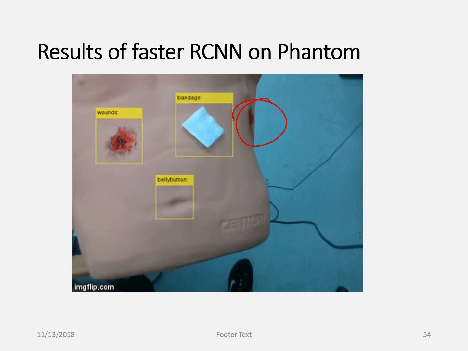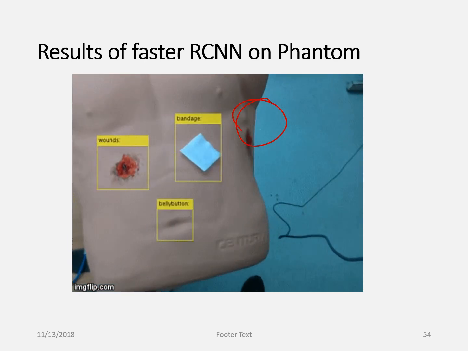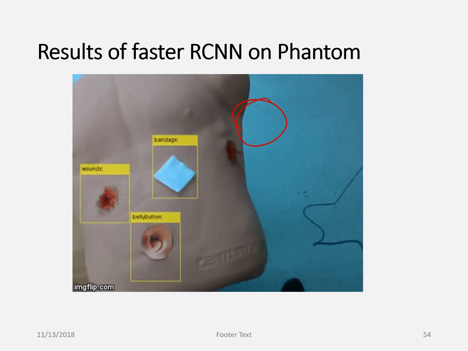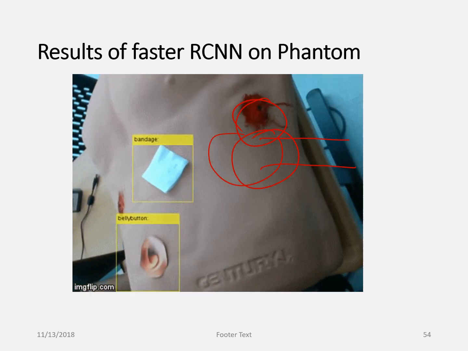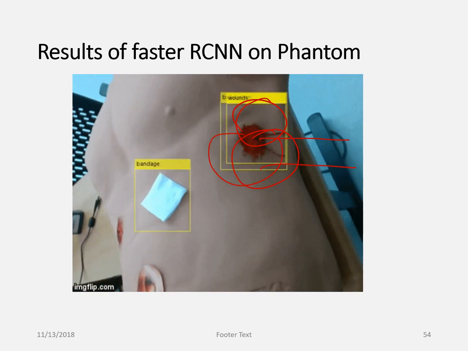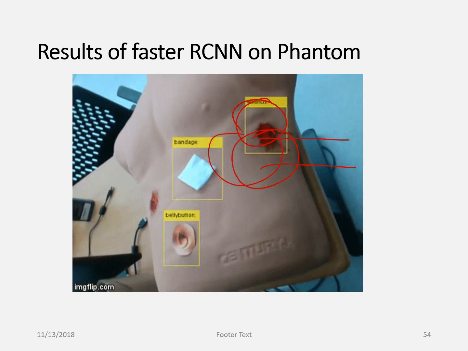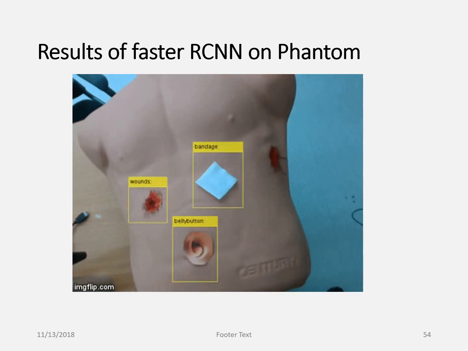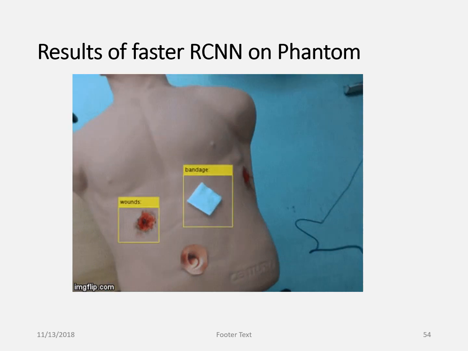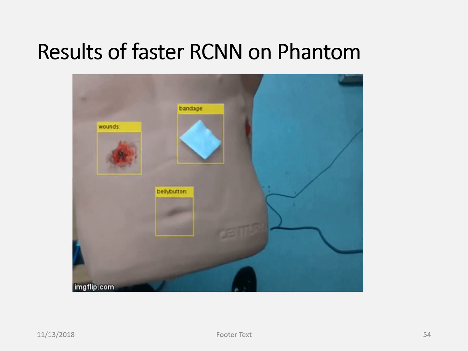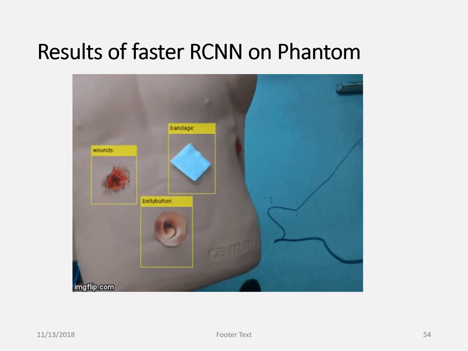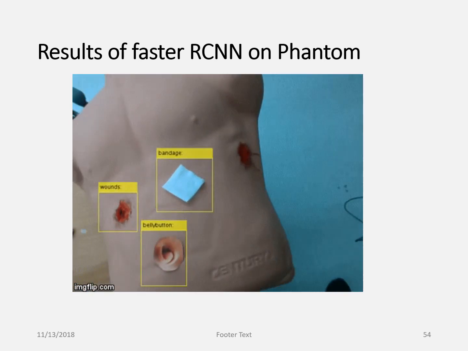This wound here is very important because this is a FAST scan position, and the ultrasound probe will go like this to this position. It's very important to figure out where the wound is, because when the ultrasound probe goes to the FAST scan position, if there's a wound present, it is obvious that the probe should avoid it.